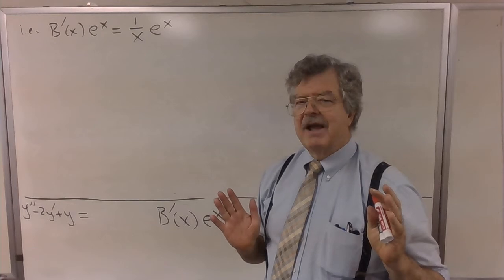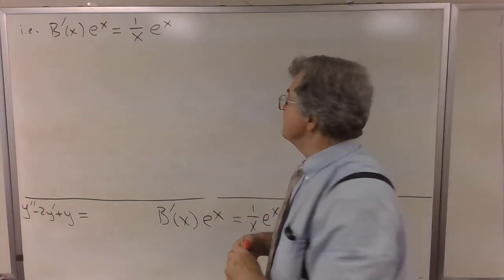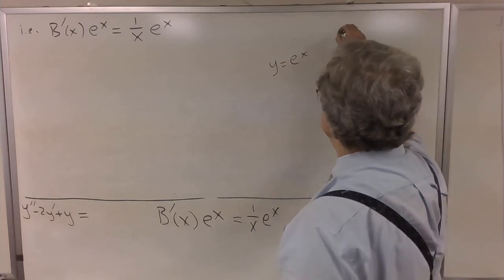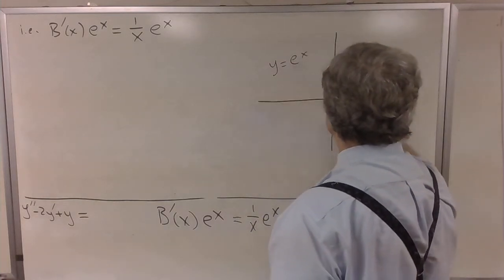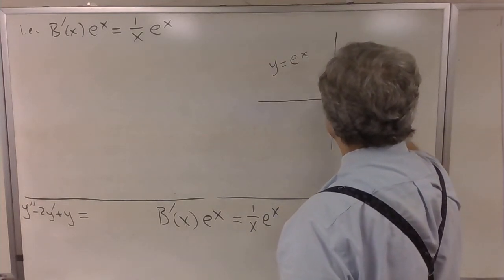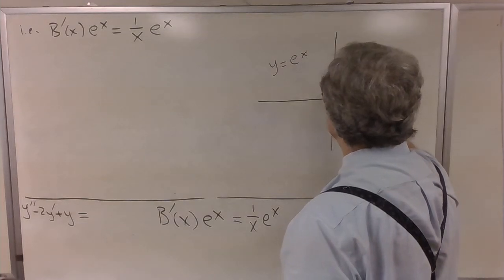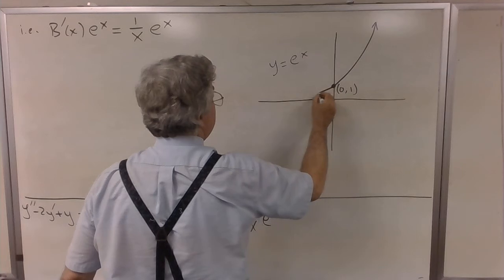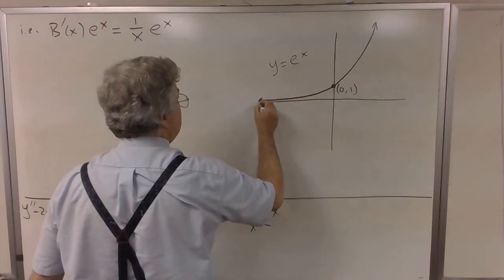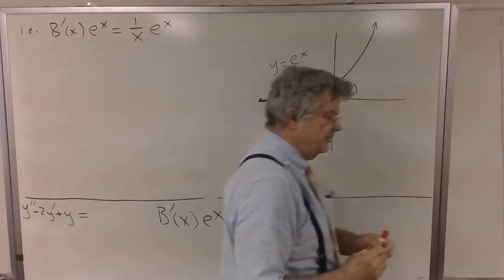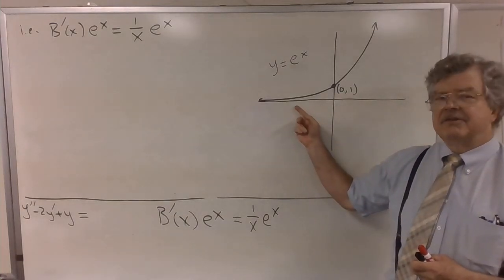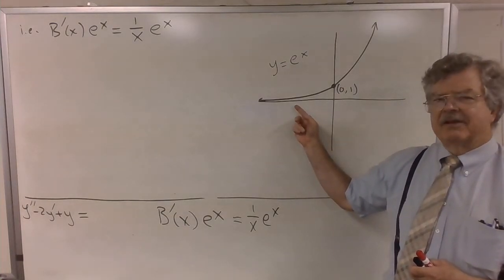If you think of the graph of e to the x, the graph looks like this. And it's somewhat asymptotic to the negative x-axis. The graph never touches the x-axis.